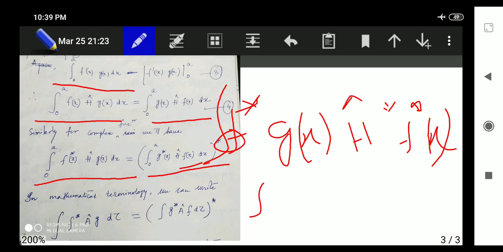You had f star(x) A cap g(x), ultimately you get g(x) A cap star f star(x). Now if you replace f by psi 1 and g by psi 2, you will get psi 1 star H cap psi 2 equal to psi 2 H cap star psi 1 star, which is the condition for a Hermitian operator. Hence the condition for a Hermitian operator is proved.